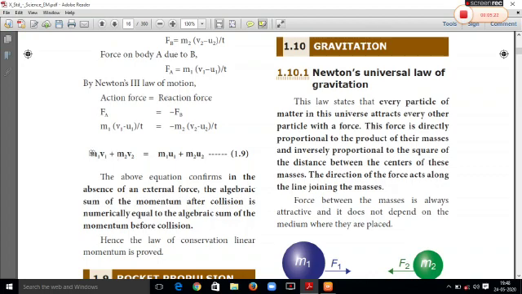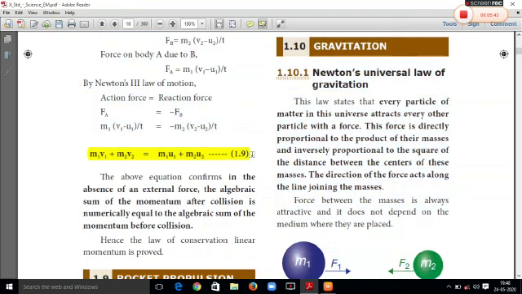Cancel t on both sides, then m1 v1 minus m1 u1 is equal to minus m2 v2 plus m2 u2. Now let us bring the final velocities to the left side and the initial velocities to the right side. m1 v1 plus m2 v2 is equal to m1 u1 plus m2 u2.